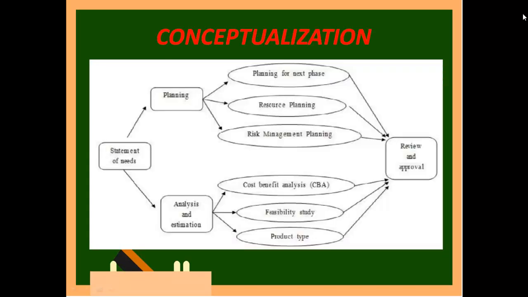Then conceptualization, statement of needs. So it is like writing up only. Then planning, plan for the next phase. Resource planning, what all resources are required. Then risk management planning. See, I may take 2 years to develop a product. If I sit and do it for 2 years and my competitor has released the product in 1.5 years, what will happen to my situation? That's all, I am out.